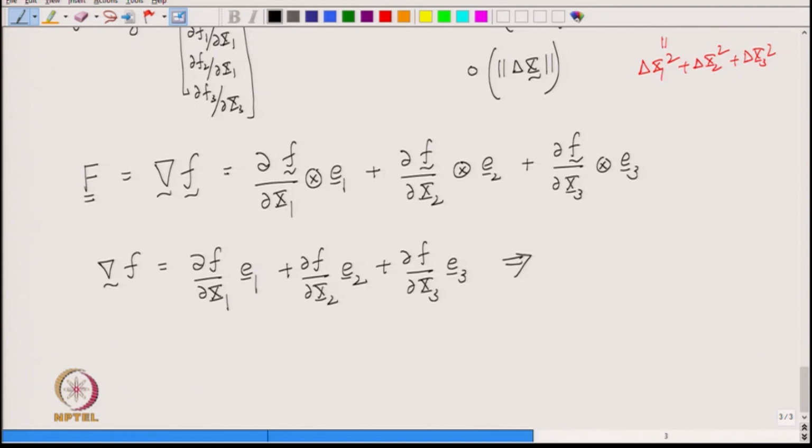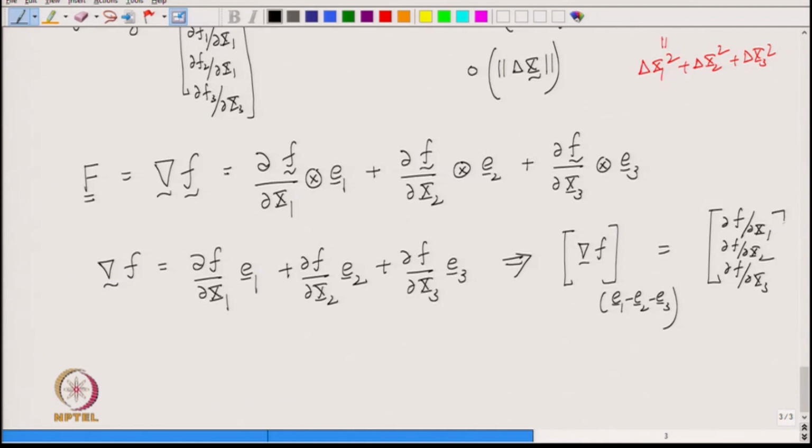Now, this is a tensor notation. If you represent this in a coordinate system, let us say E 1, E 2, E 3 coordinate system, so the vector grad small f in the E 1, E 2, E 3 coordinate system then becomes del f by del x 1, del f by del x 2 and del f by del x 3, and this column form is something we are familiar with for a gradient, is not it.